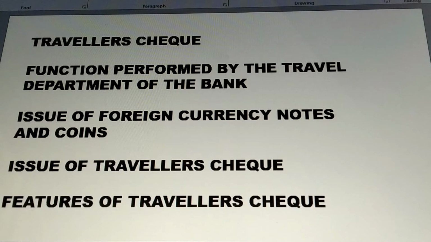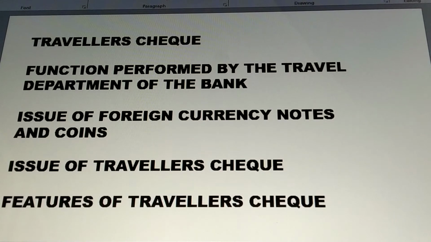Now, a person who wishes to travel abroad, a person who is planning to go abroad, can obtain the required foreign currency in notes and coins. For example, Mr. A is planning to visit abroad, so obviously he needs foreign currency.